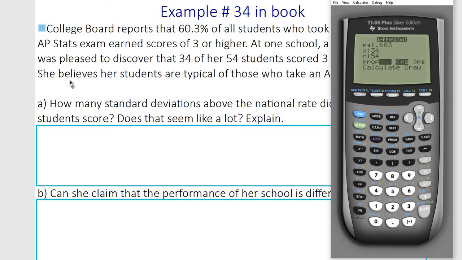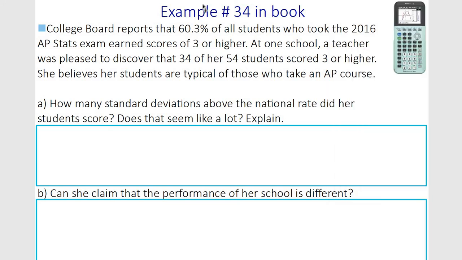She believes they're typical students, so that satisfies all those things. Make sure you go through that before you just run into a one proportion z-test. For example, 60.3% times 54 is more than 10, and 39.7% times 54 is also more than 10.